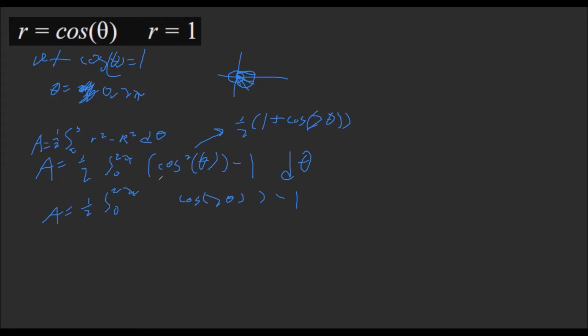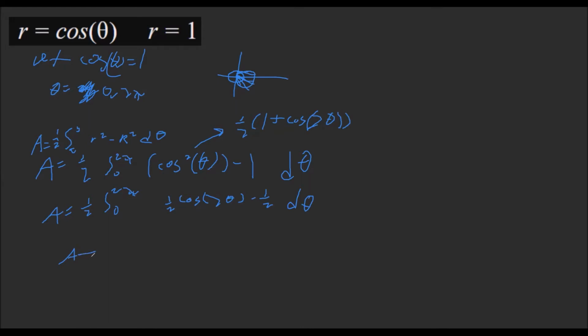So we end up with 1/2 plus 1/2 cosine 2 theta minus 1. Now we can simplify this further by combining 1/2 and 1. And so our integrand is now 1/2 cosine 2 theta minus 1/2, d theta, of course.